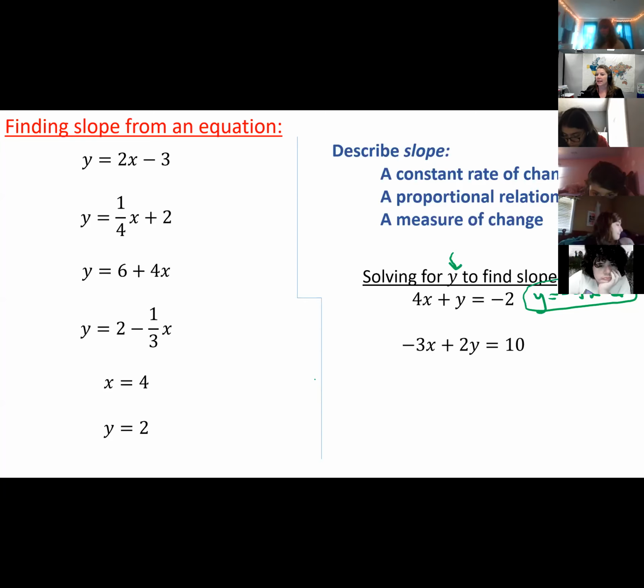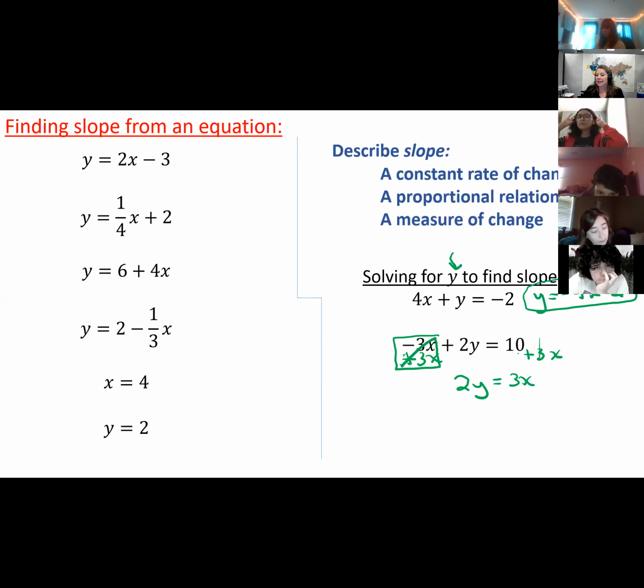I'm going to add it, right? I'm going to add 3x to both sides of my equal sign. Okay, so negative 3x combined with positive 3x is 0. So I'm going to bring down my 2y equals my 3x is positive 3x, and my 10 is positive. So I'm writing 3x plus 10. You got it?